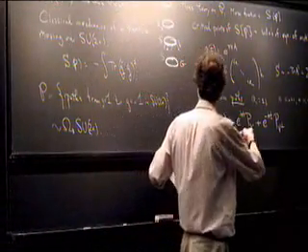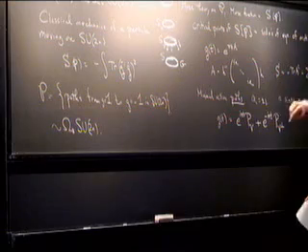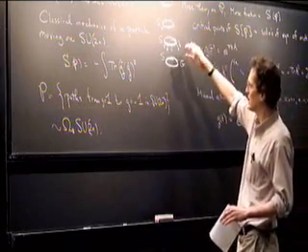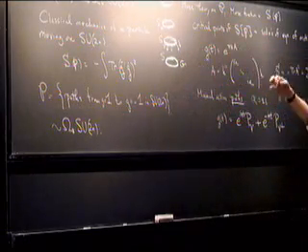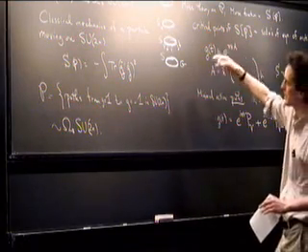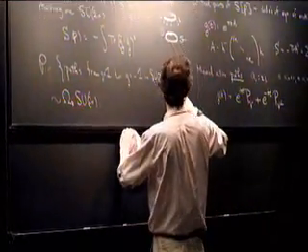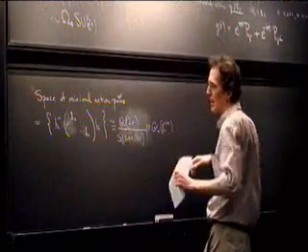Most of the time when you vary a path, the action will increase, but there's a finite dimensional space. It's like the renormalization group with a finite number of critical points, a finite number of relevant operators. There's a finite number of relevant, if you like, deformations that take you down.